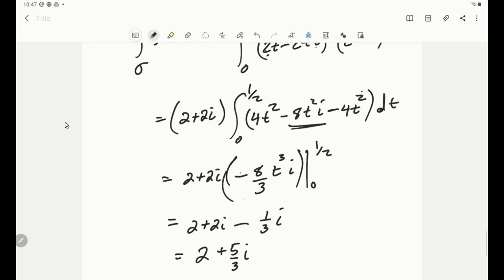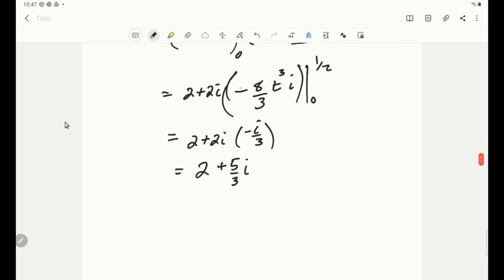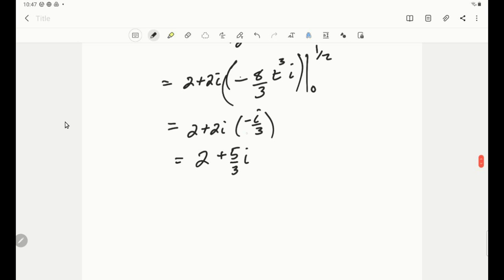So a multiplication of a negative number. Okay, so this is 2 plus 2i times a negative I over 3. I knew something just didn't look right. And so now we can factor out the 2, and so we get 2/3.